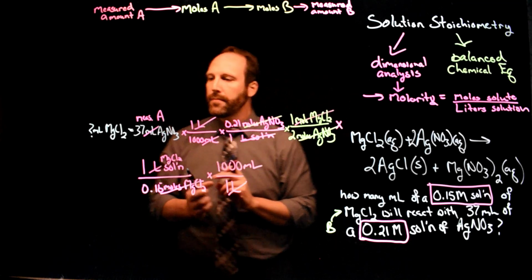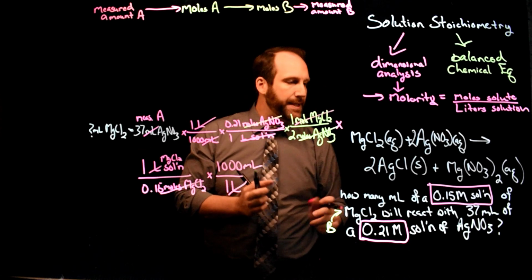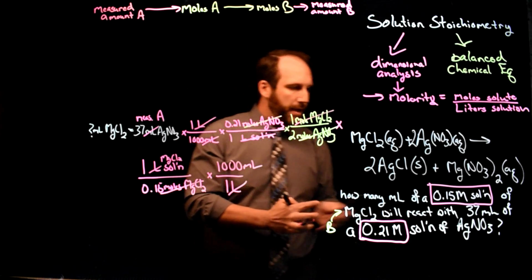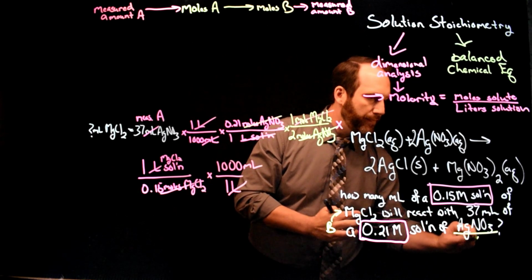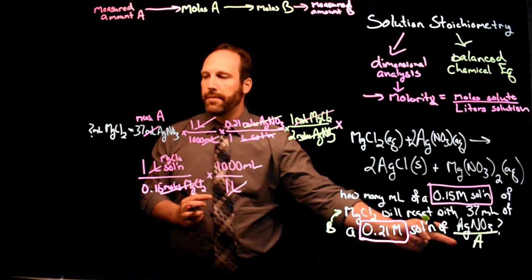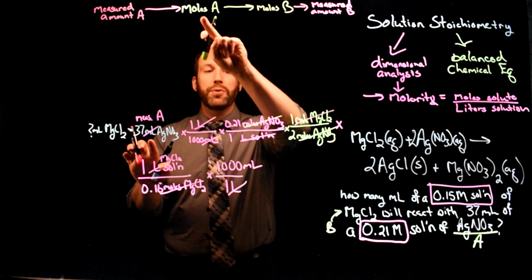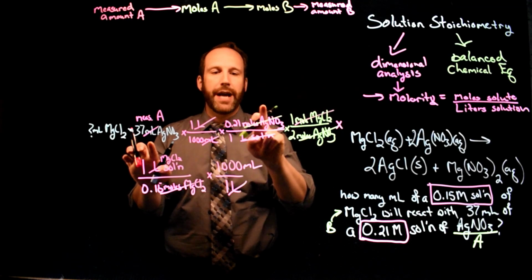All right. So I started with a measured amount of A. In this case, A was silver nitrate. I converted that into moles of A, moles of silver nitrate.